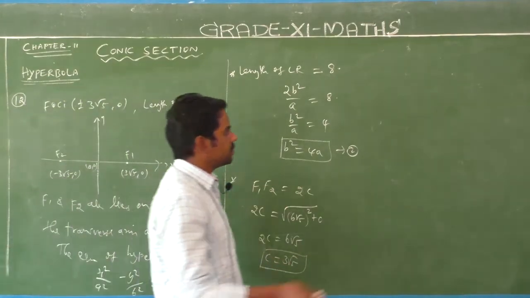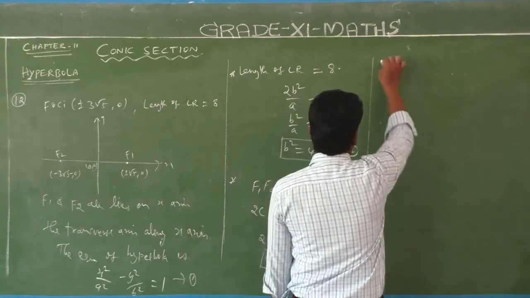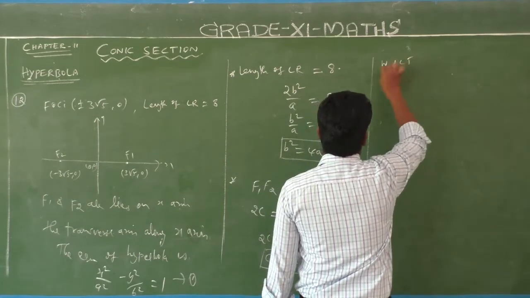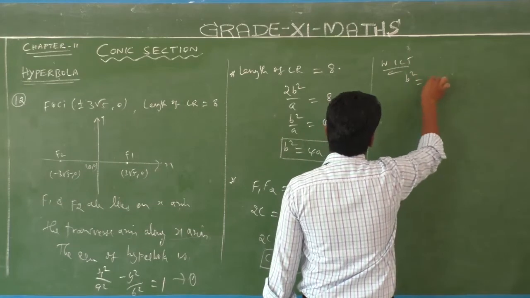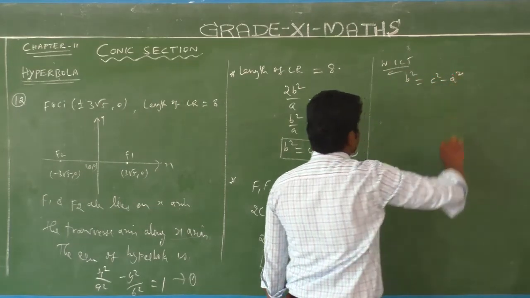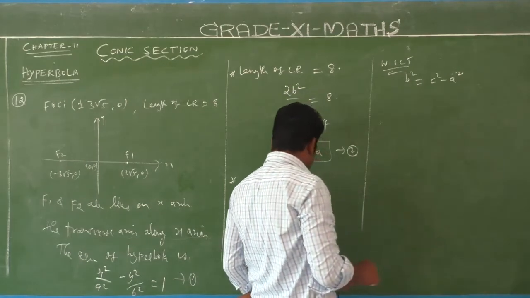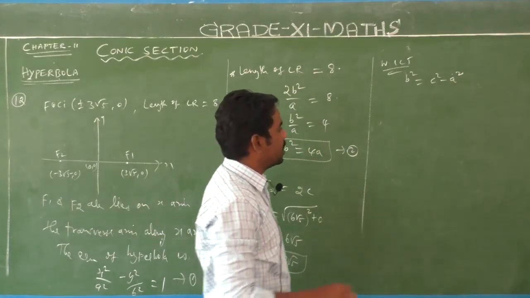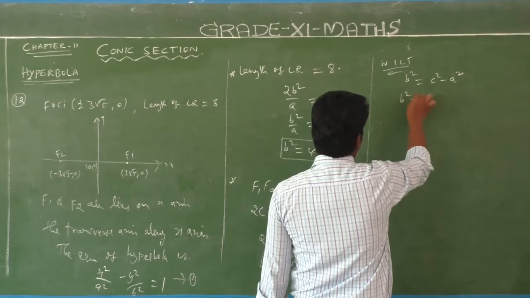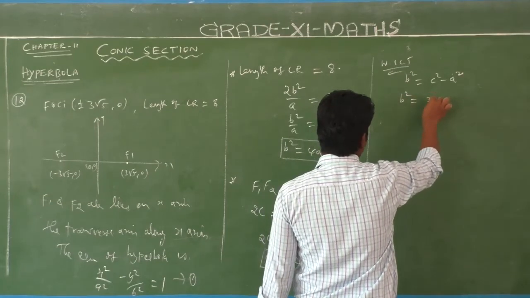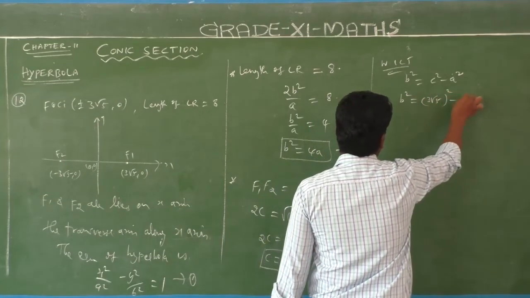We know that b squared is equal to c squared minus a squared. Here the c value is 3 root 5, so b squared is equal to 3 root 5 the whole square minus a squared.